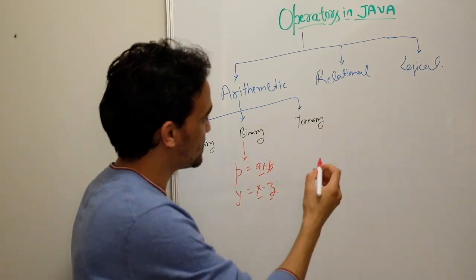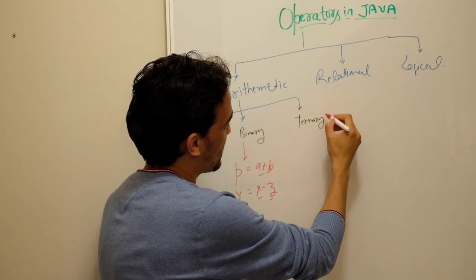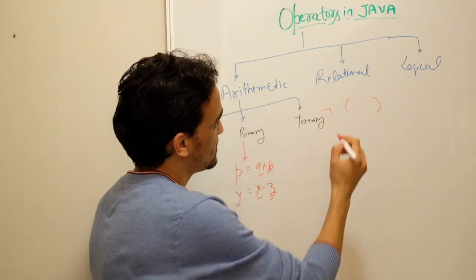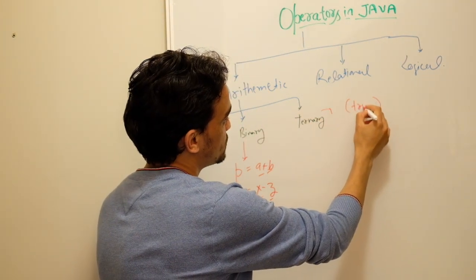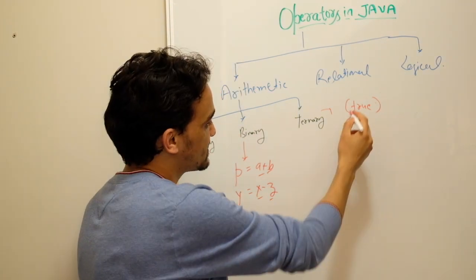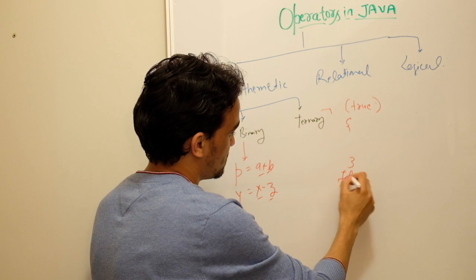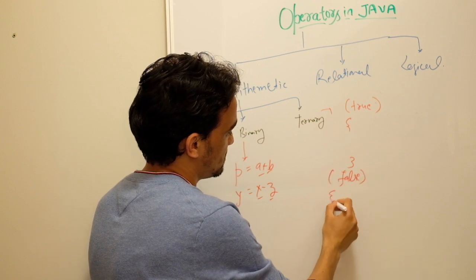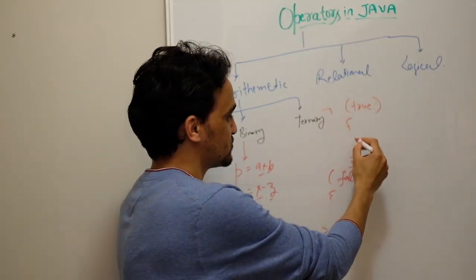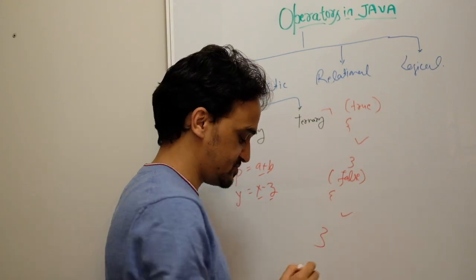It's very simple. It's kind of if and else. There is a condition here. If the condition is true, do something, and if the condition is false, do something else. If the condition matches, do this, and if it doesn't match, then do this.